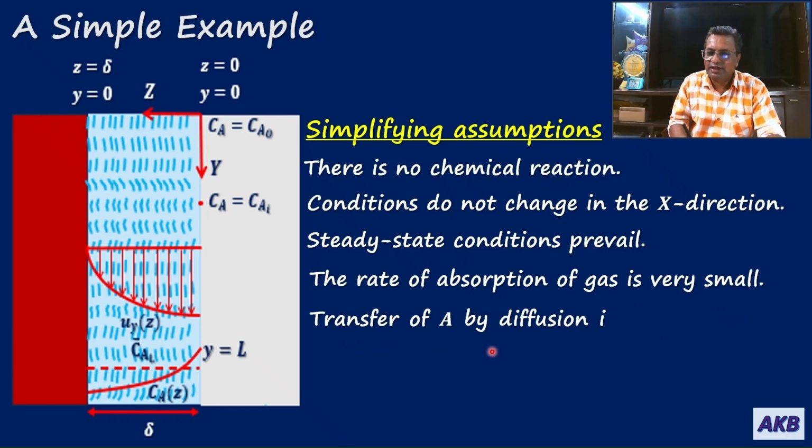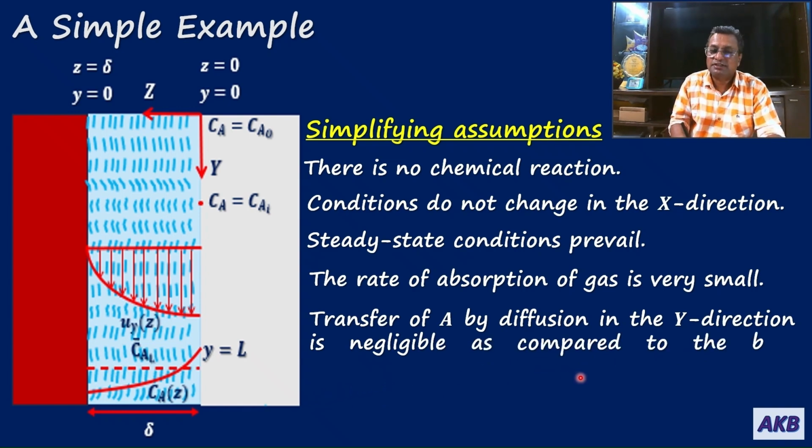Then transfer of E by diffusion in the y direction is negligible as compared to the bulk transfer. The liquid is moving in the y direction, so there is a bulk transfer of liquid. As compared to this bulk transfer in the y direction, transfer of E by diffusion is negligible.